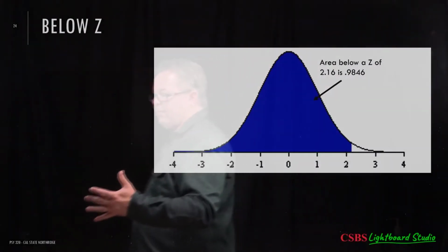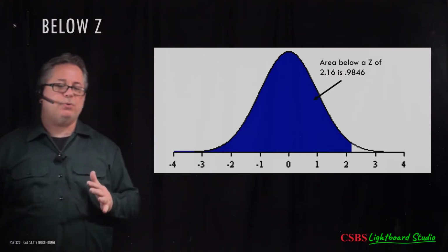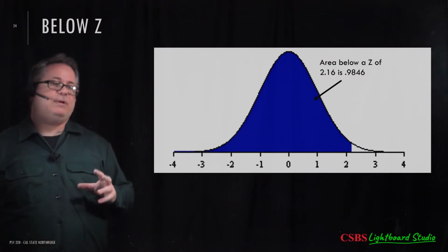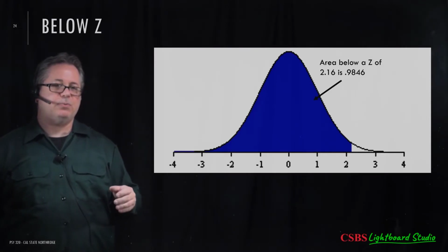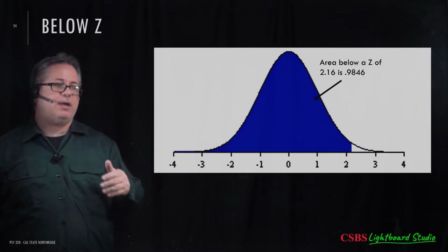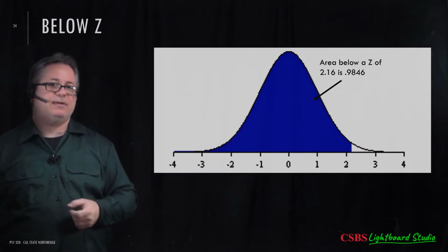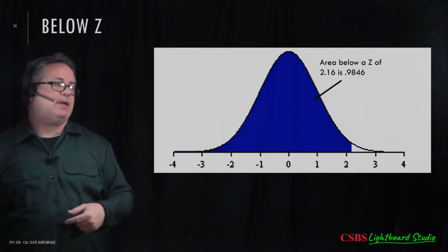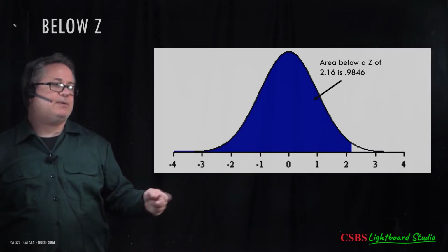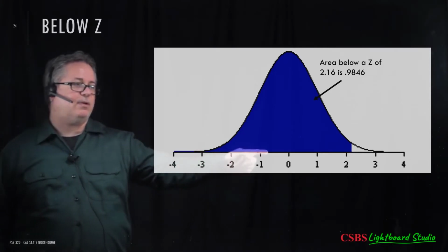Above and below are different from larger and smaller portion, because regardless of where you are, the area below z is always to the left, the more negative side, and the area above z is always to the right. Even if you're over here at -2, this is the area below, and that is the area above.